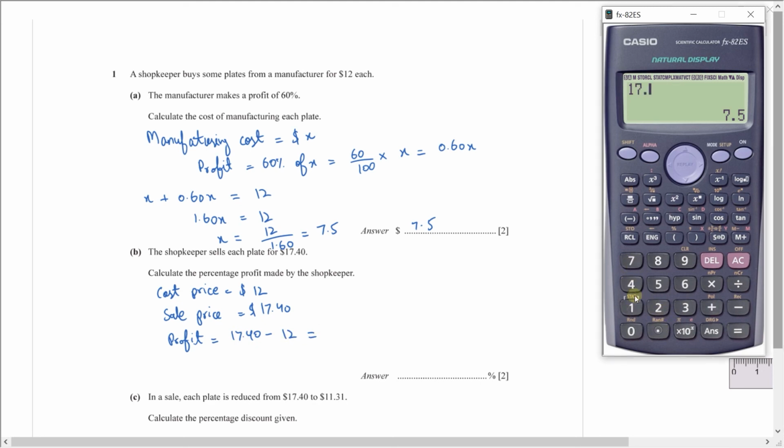So 17.40 minus 12 will be $5.4. So $5.4 is the profit, but we need to calculate the percentage profit. So percentage profit will be the profit, which is 5.4, divided by the cost price, which is 12, times 100. So this is 45%. So the percentage profit is 45%.